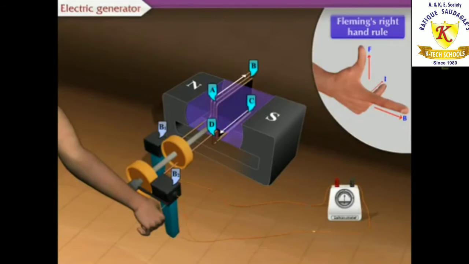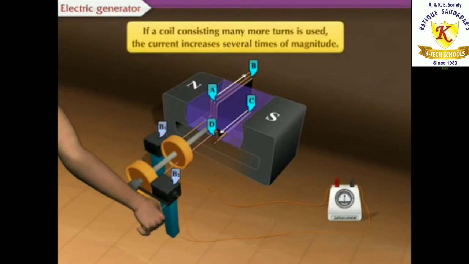Thus, the galvanometer shows the deflection on one side. Understood, children? So, if a coil consisting of many more turns is used, the current increases several times in magnitude.